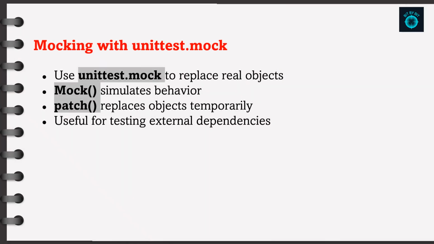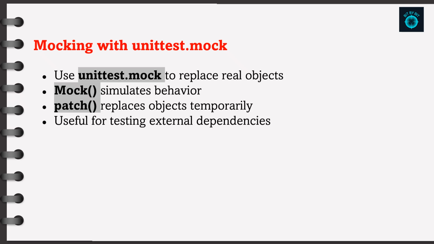Mocking with unittest.mock. In testing, mocking means replacing real parts of your code with fake ones, so you can control and test behavior without relying on real systems like databases or APIs. Python's unittest.mock module provides tools for this.